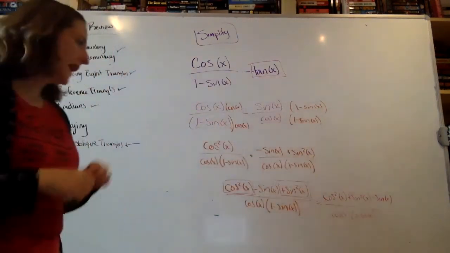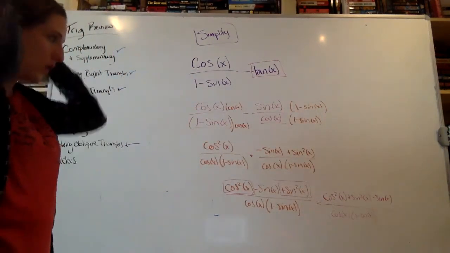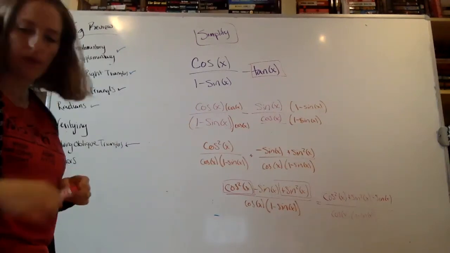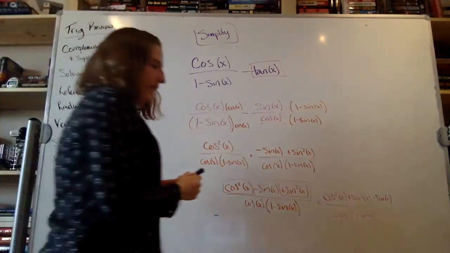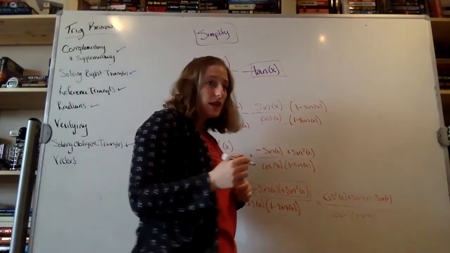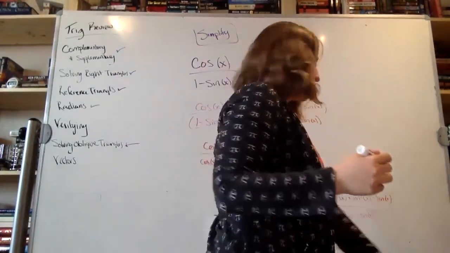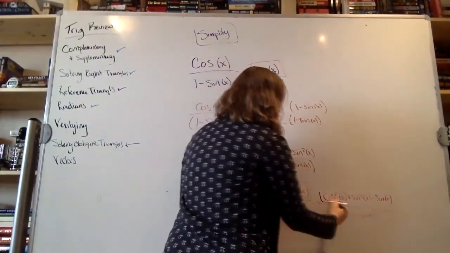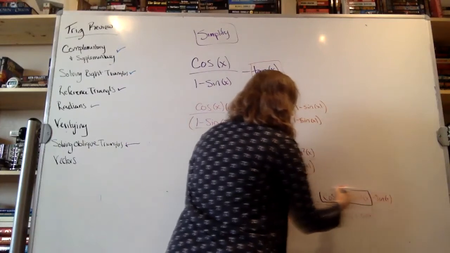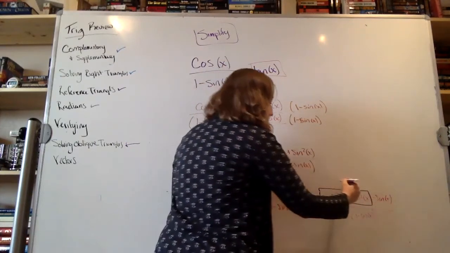Okay, all right. Well, what good is that doing me? Well, think Pythagorean identity. When we've got squared things running around, I often want to use the Pythagorean identity. So here, cosine squared plus sine squared is equal to 1.